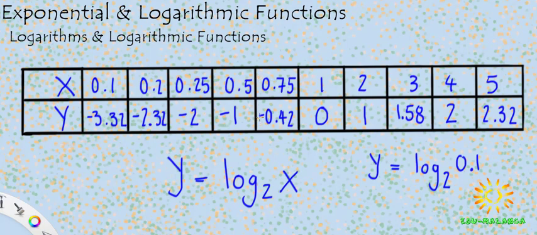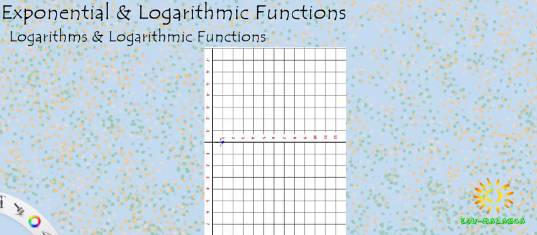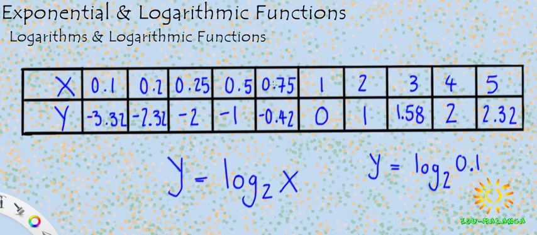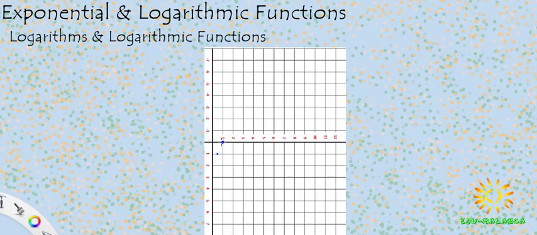When x is 0.5, your y is equal to negative 1. So it's about halfway there. And when x is 0.75, your y is minus 0.42. So over here, 0.75, I'm just going to estimate, and minus 0.42. So somewhere about there, I'm just making an estimate.